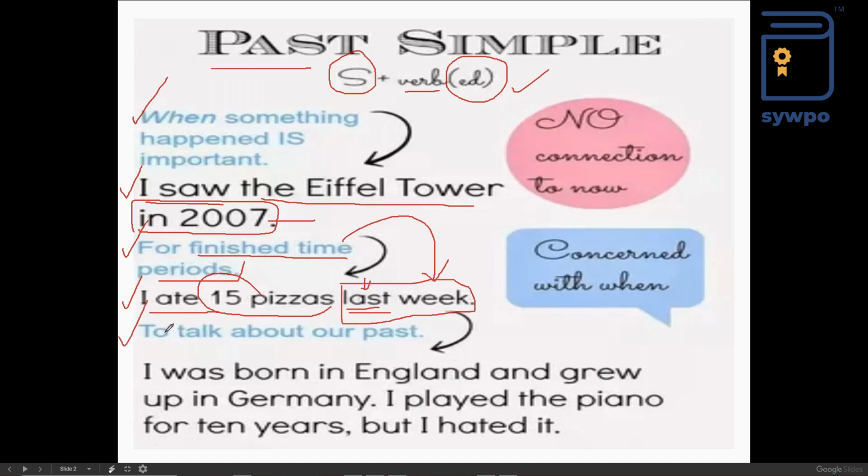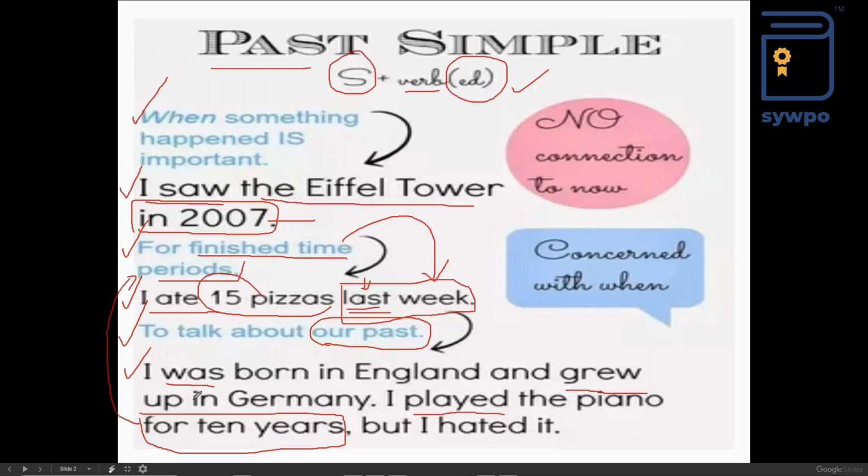We also talk about our past in simple past tense. For example, I was born in England and grew up in Germany. I played the piano, look here, for 10 years. This is the period.